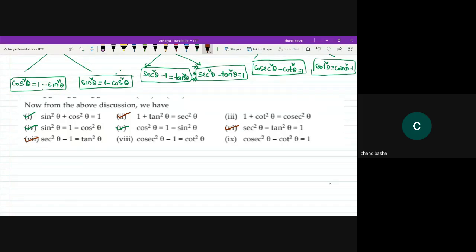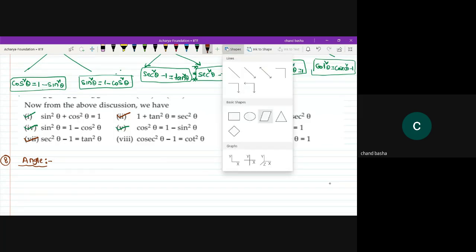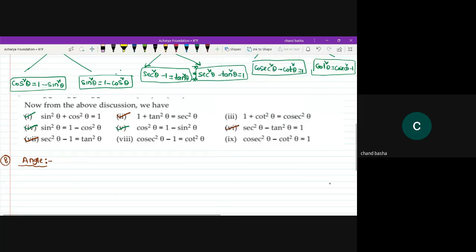I'll go for the next point, point number 8. Angle. Even yesterday I gave the definition. It is an amount of rotation, with one fixed line and one variable line which is moving.